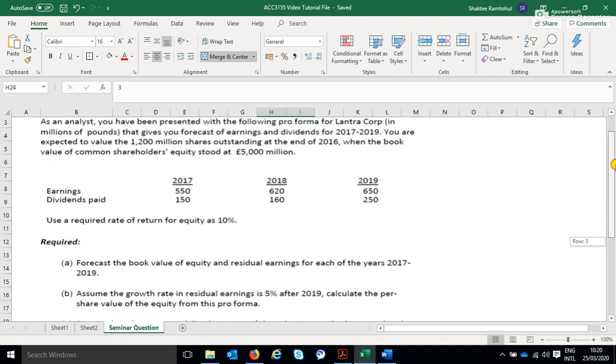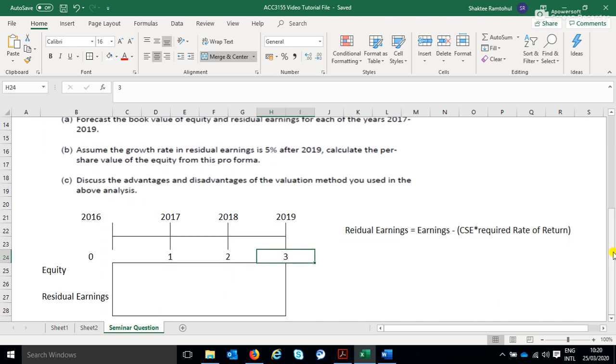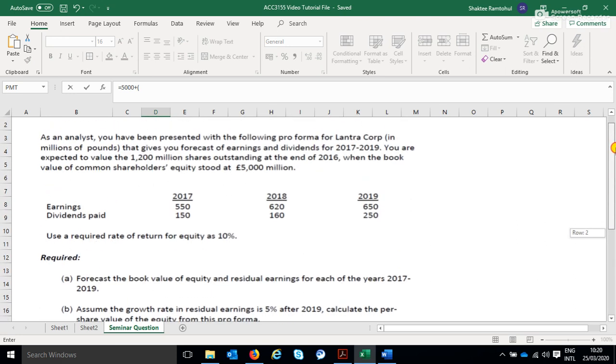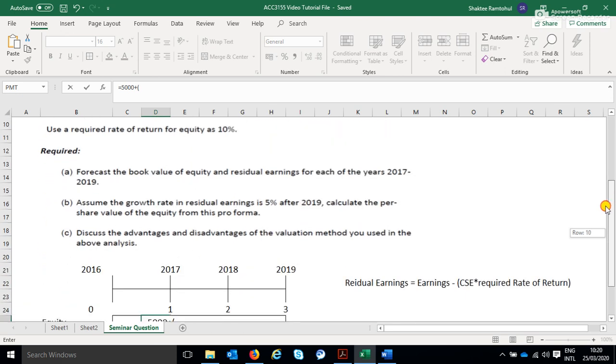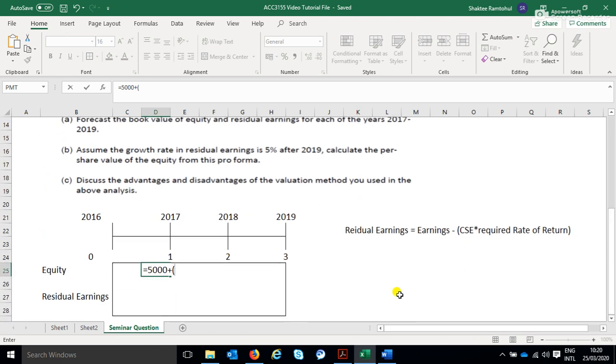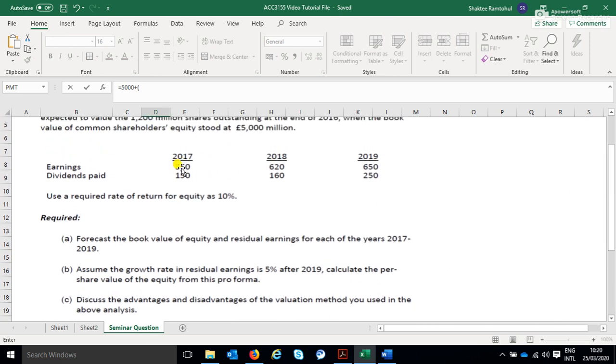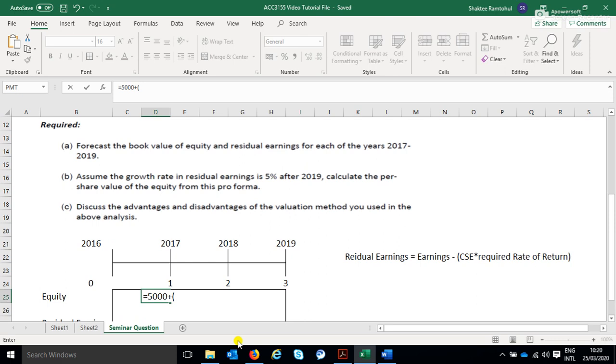We want to find out the equity figure for 2017. Think about it: it will comprise the equity figure for 2016, which we were told stood at 5,000 million, plus whatever earnings we would have achieved in 2017, which is 550.